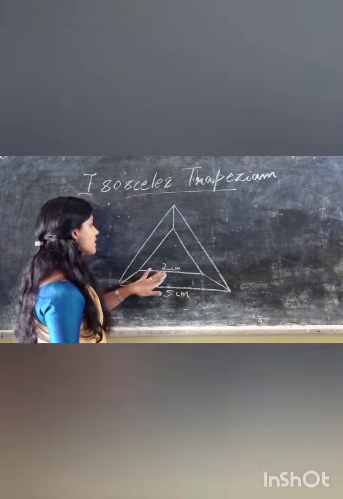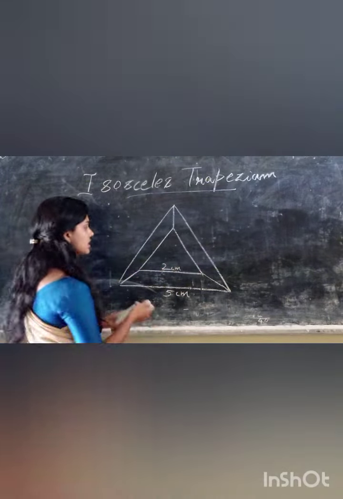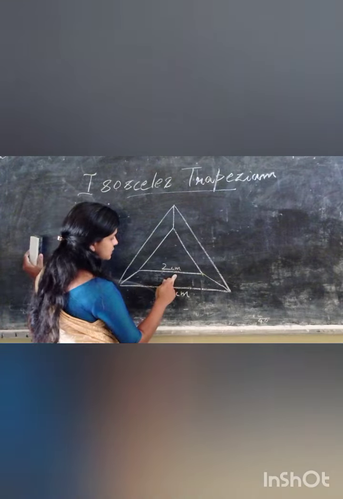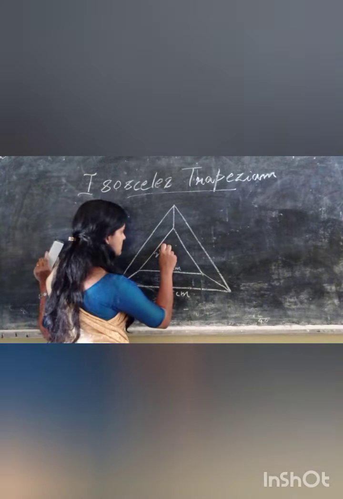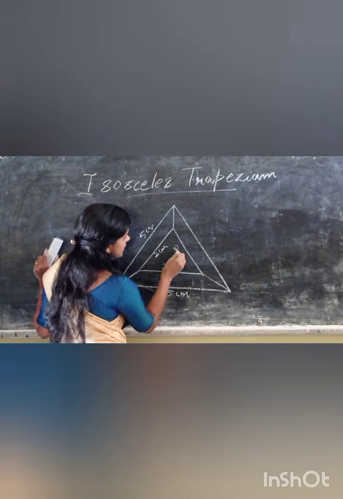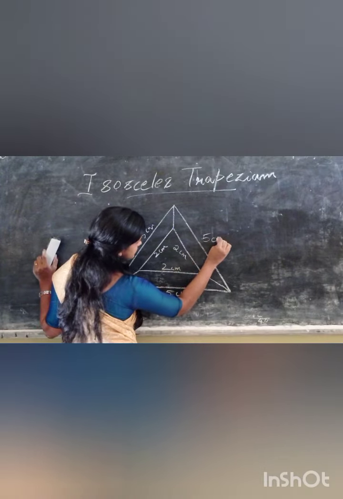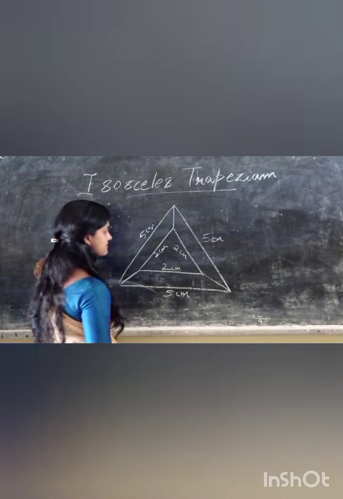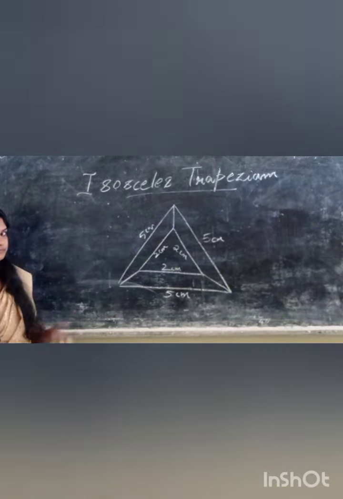There are different isosceles trapeziums, and these are all of the same measure. Here it is given as upper side 2 centimeters, lower side 5 centimeters. Similarly, here also it will be 2 centimeters and 5 centimeters. Here also it is 2 centimeters and 5 centimeters. You have to construct an isosceles trapezium like this.